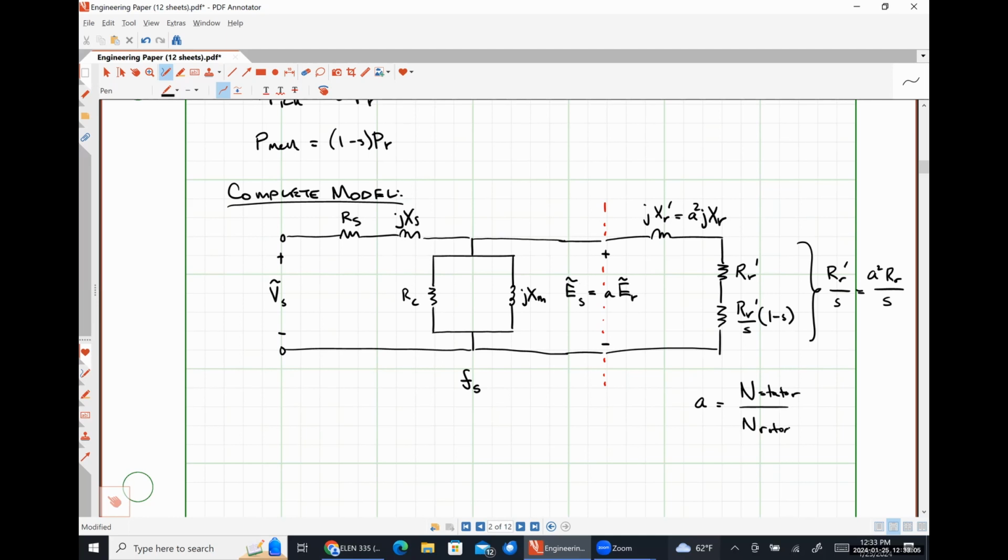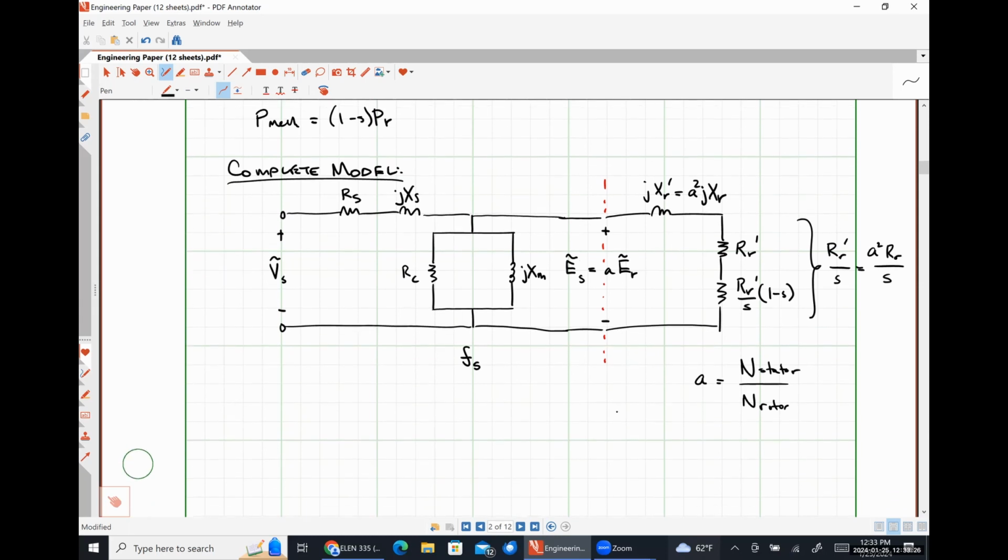Now, realistically, we will actually never know either of those numbers. We're just going to have everything either referred to the stator side or everything referred to the rotor side. So we're never going to have to actually apply that A to begin with, but I just wanted to be clear about what it represented. All right, so here is our big ugly model.